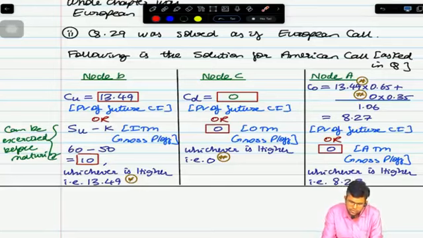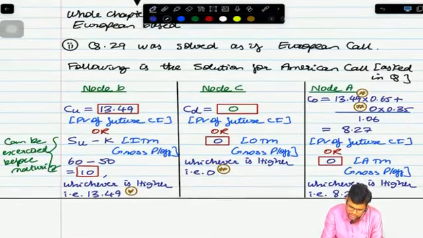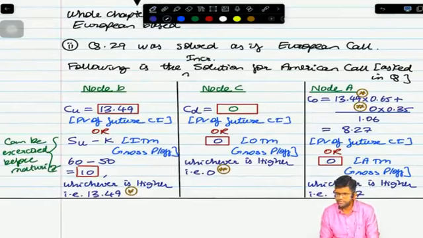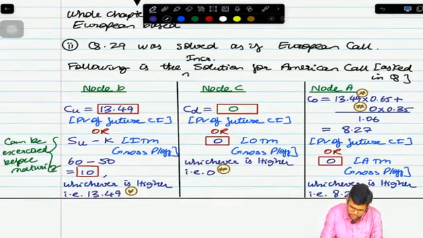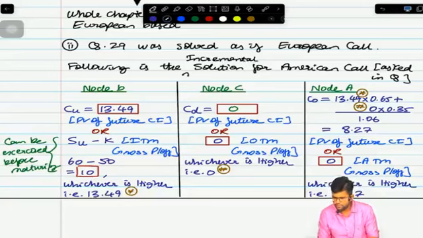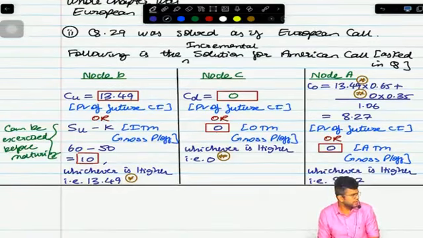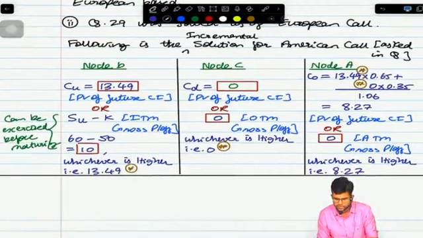Following is the solution you have written, no? Just write: following is the incremental solution, extra, for American call. Following is the incremental solution for American call.